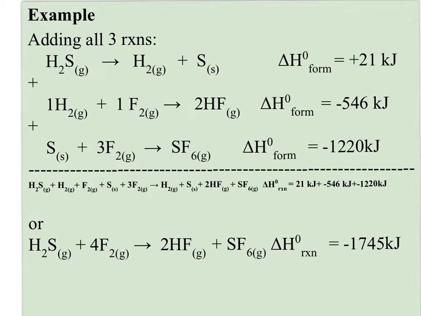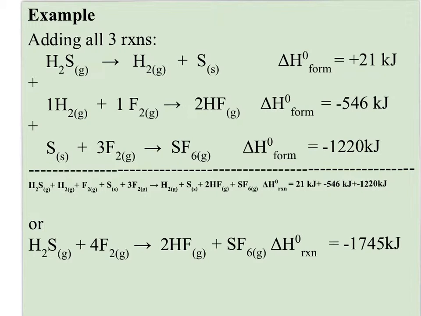So now when I look at my big combined equation here, again, I can cancel out common terms. H2S, that's fine. H2, that can cancel because it appears on both sides. F2, that's repeated, so I can add it up to get 4F2. And then the S appears on each side, so I can cross it out.